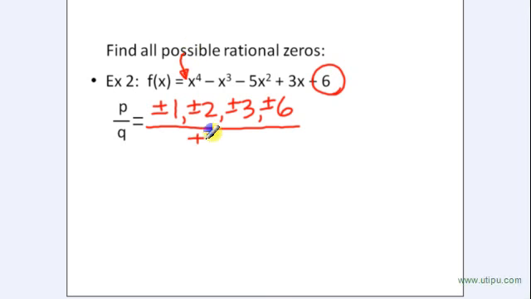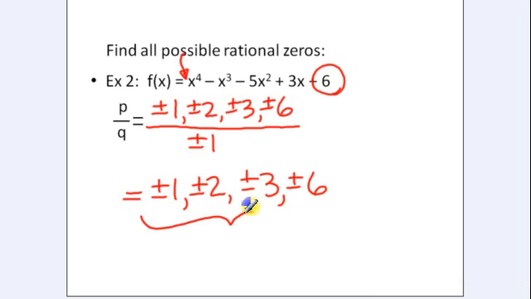So I'll put that over positive negative 1. So dividing each of those by 1, well, I just get these 8 possibilities: positive negative 1, positive negative 2, positive negative 3, and positive negative 6. So here I have 8 different possible rational zeros.